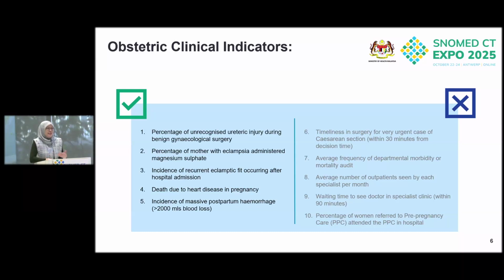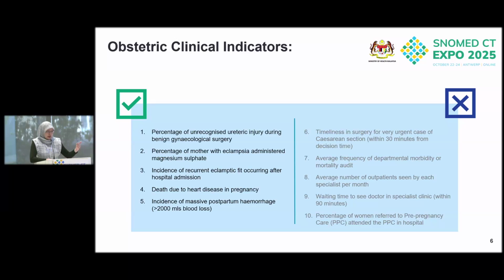It's just that sometimes clinicians don't really understand how the data is being stored. So we usually will advise them, for example, timeliness in surgery for very urgent cases of cesarean section within 30 minutes of decision time. To me, it's just trying to identify in the EHR where those timestamps are, and then you can analyze. So it doesn't really require natural language processing to analyze the text.